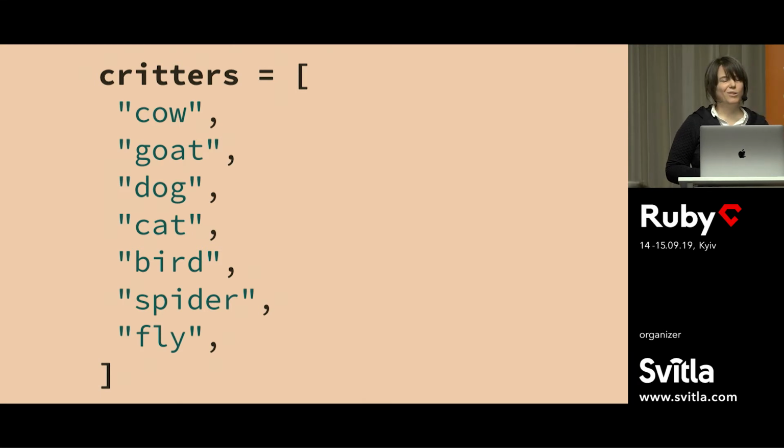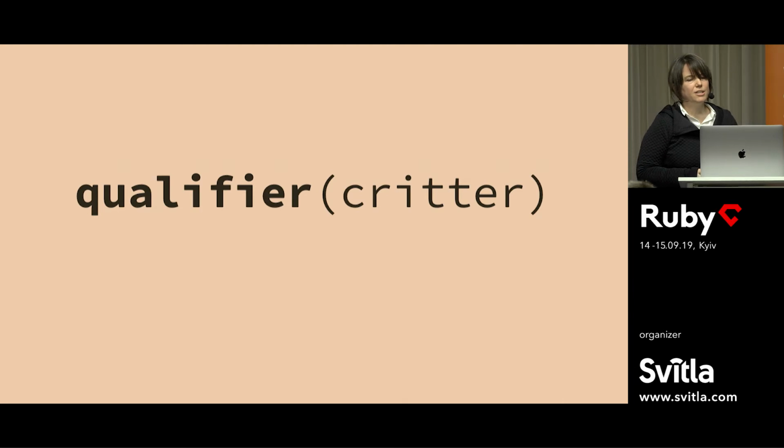But now, it turns out there's more stuff associated with a critter. Each one also has a qualifier. So with our qualifier method, we're trying to decorate our simple critter with more behavior. The official name for this code smell is primitive obsession. And the remedy for primitive obsession is to identify the object that is struggling to get out.